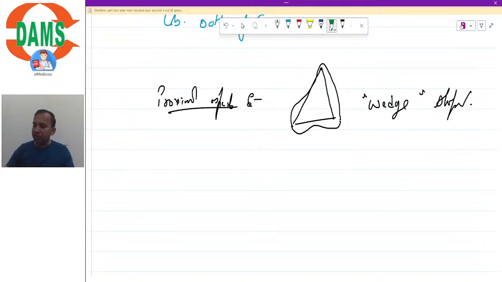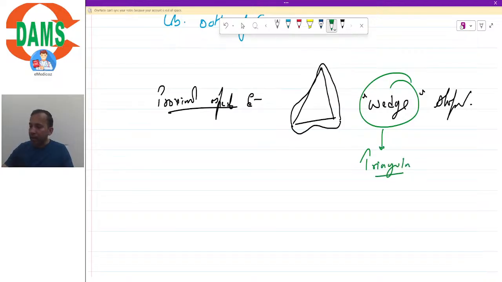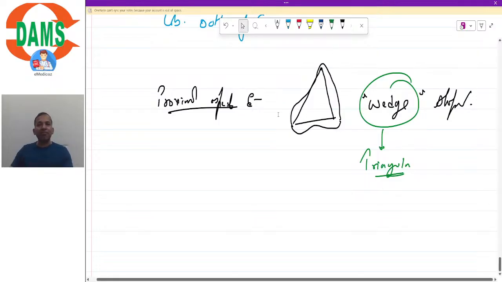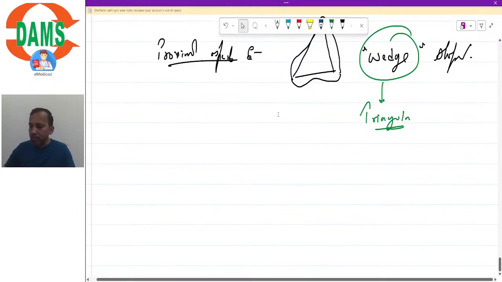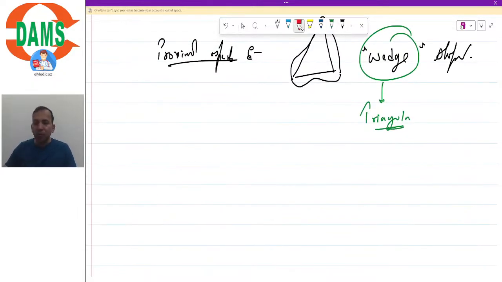Wedge shaped is better as compared to triangular. Usually both options don't come together, but if they do, you will go with wedge shape, as it is better compared to the triangular shape. Clear? So this was about the shape of the anteriors.